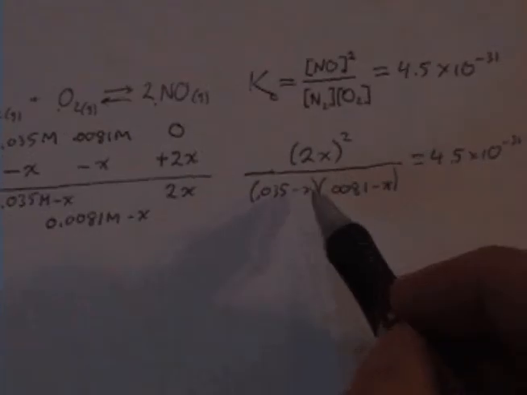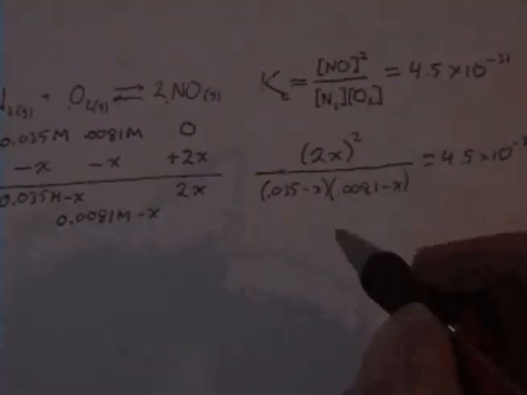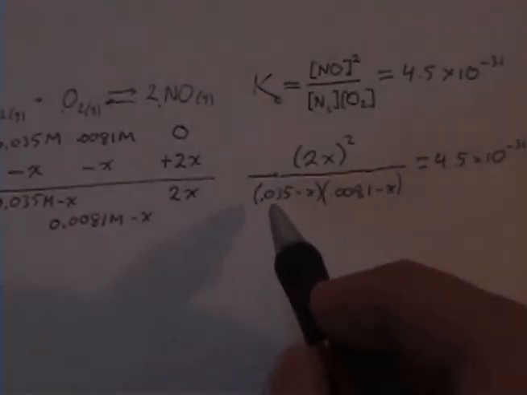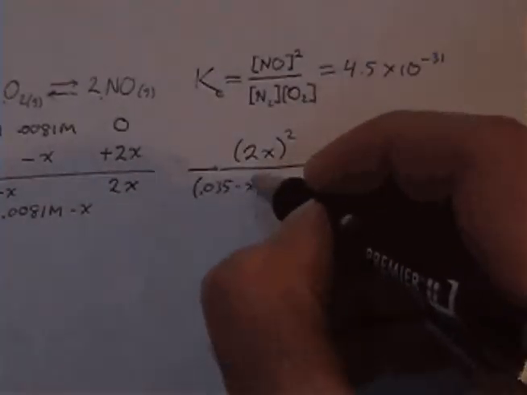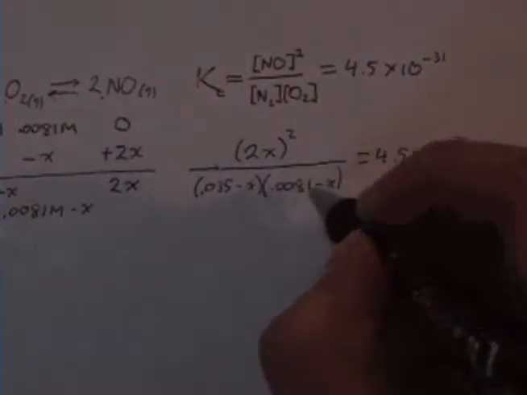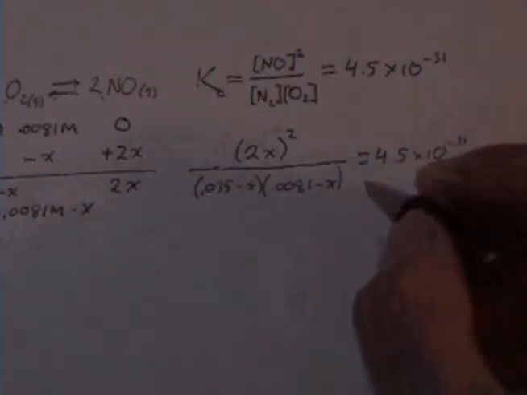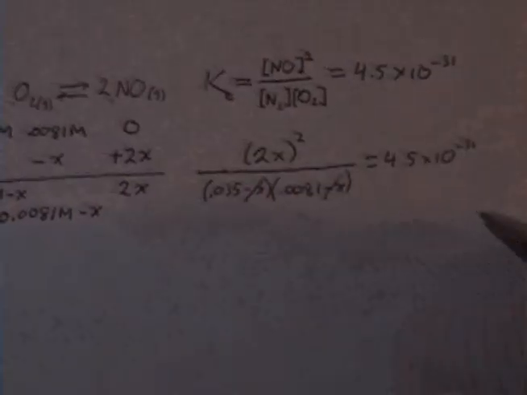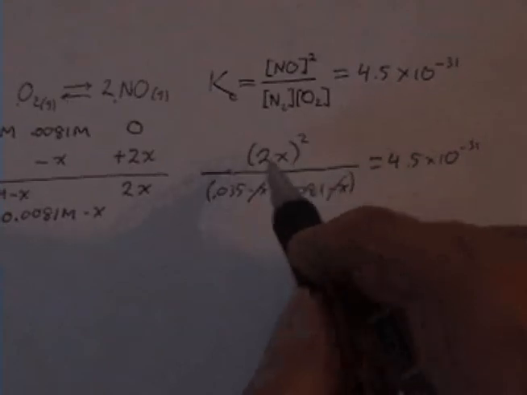That's our hunch, if you will, that x will be negligible compared to 0.035, and so we can just drop that out. Likewise here, we assume it to be too small to make a difference when we subtract. Now, we only do it when we're adding or subtracting, not when we're multiplying.